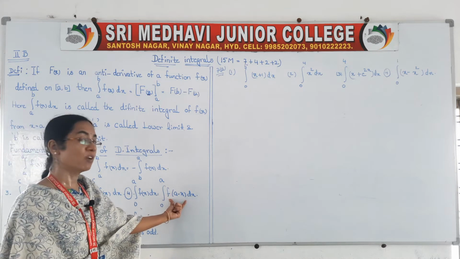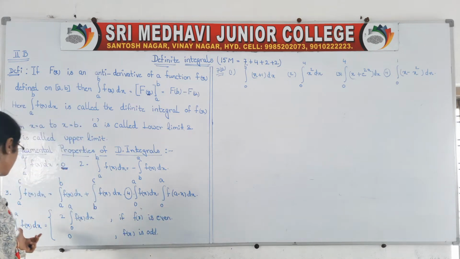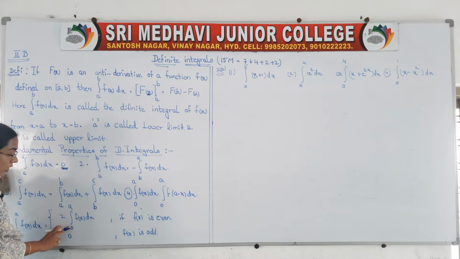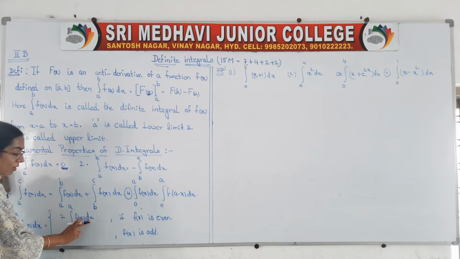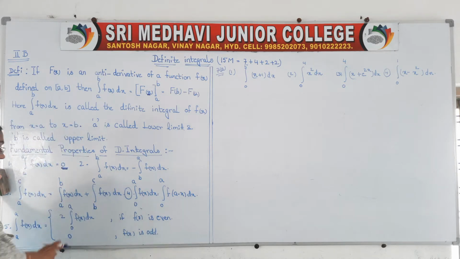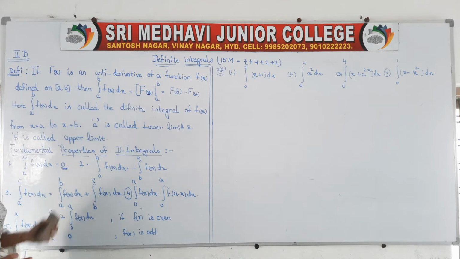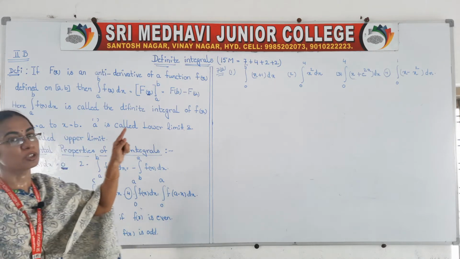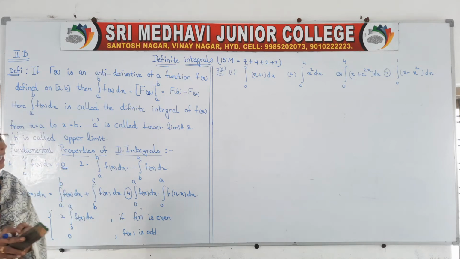Next, integral minus a to a f of x dx is equal to 2 times integral 0 to a f of x dx if f of x is even, otherwise 0 if f of x is odd. These are the main 5 formulas we are going to use in this definite integral.